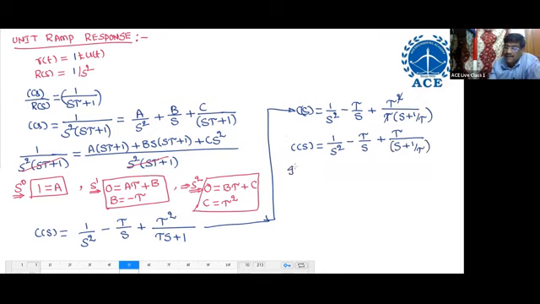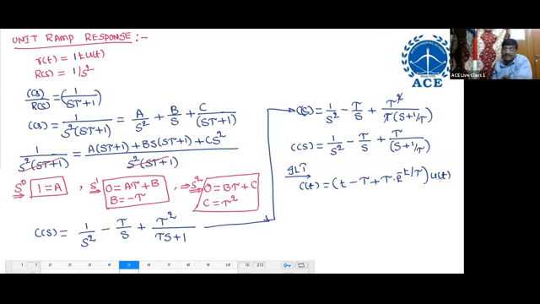So apply the inverse Laplace transform. So C of t equals t minus tau plus tau e power minus t by tau, u of t.